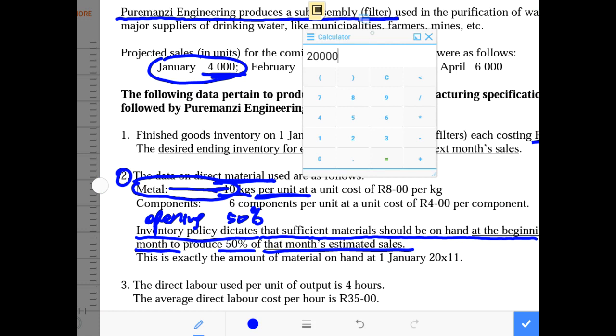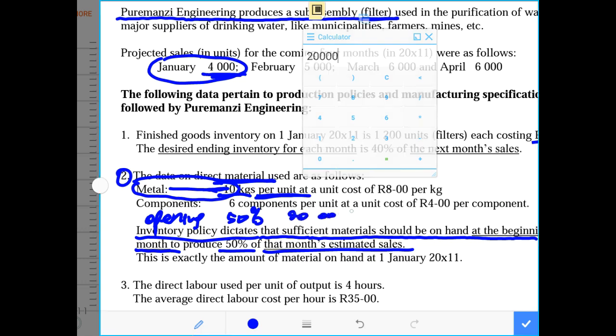Therefore now it gives us 20,000 kgs of metal that are needed to manufacture 50% of the units that the business needs to sell in the month of January. And that 50% is the 2,000 units that I calculated.